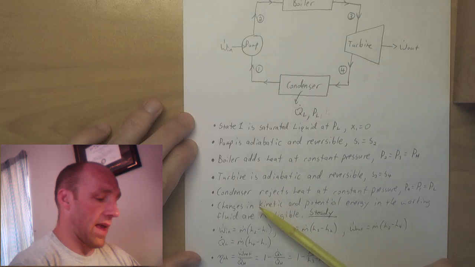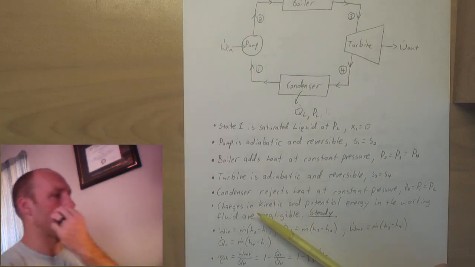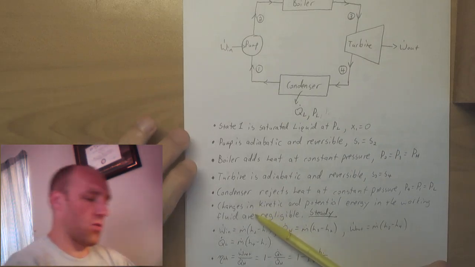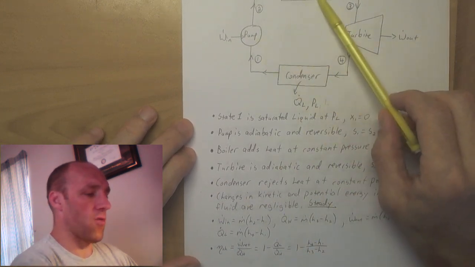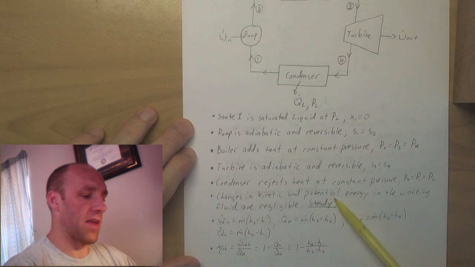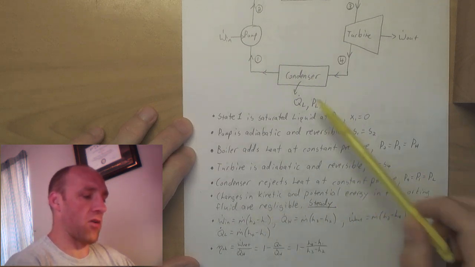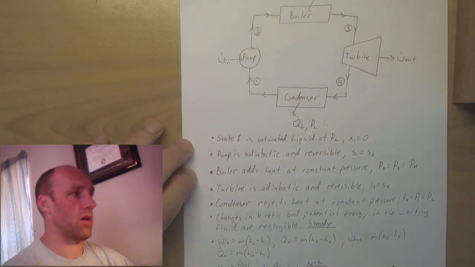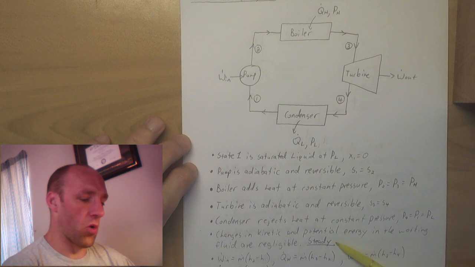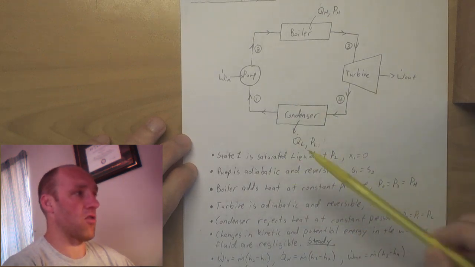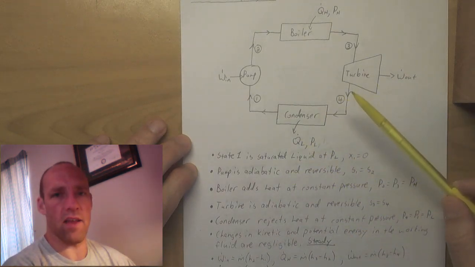Just like we discussed in a previous example that we did during a Zoom meeting, we're going to assume in all four of these processes that the kinetic and potential energy in the working fluid is negligible compared to the heat and work interactions. Also, we're going to assume that these are operating under steady state conditions.